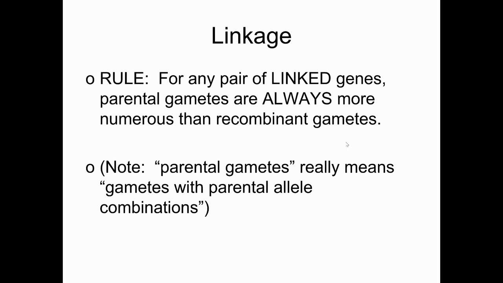And I defined parental gametes really means gametes with parental allele combinations. And so what that means is in the offspring, a much larger percentage of offspring will have the combination of traits that represents those parental chromosome allele combinations.